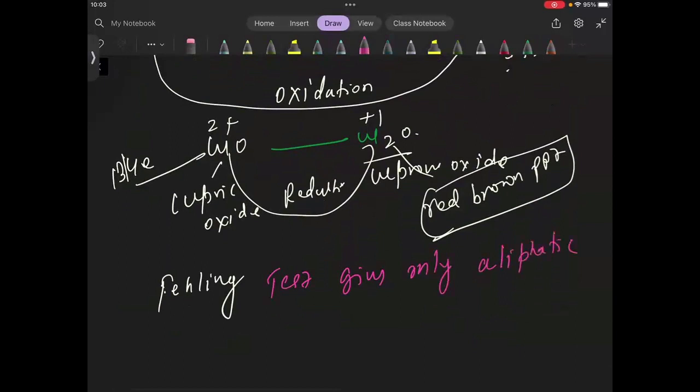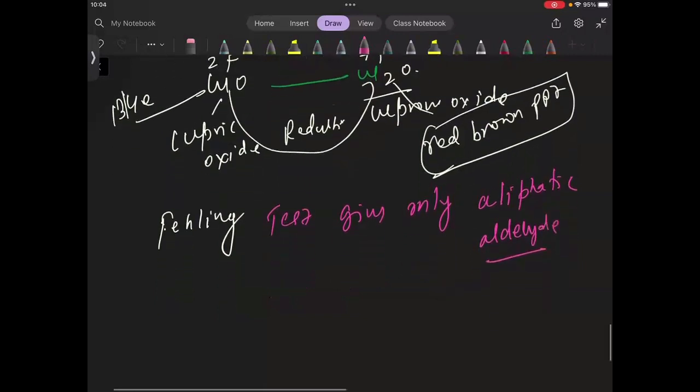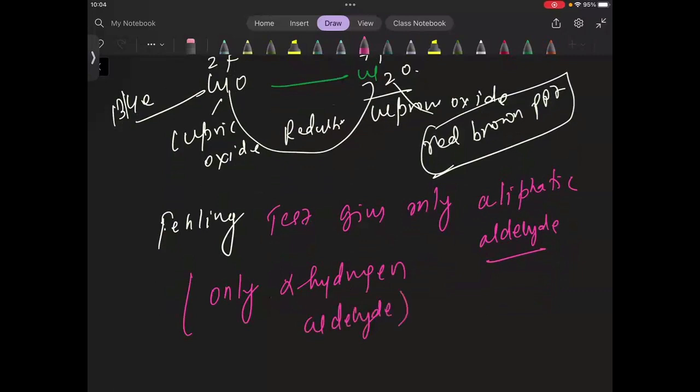More precisely, if I would like to tell you, then we can say that only alpha hydrogen aldehydes.